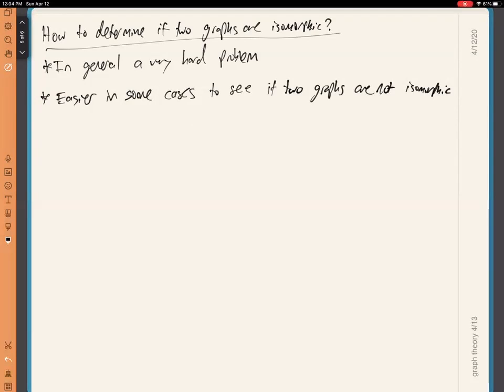Right, and so what are some examples? Let's look at these two graphs, G1, which I'll draw, and G2.